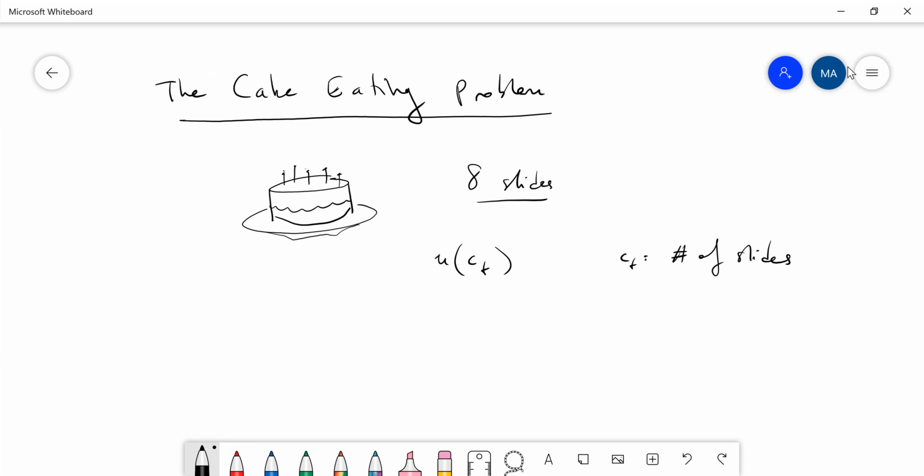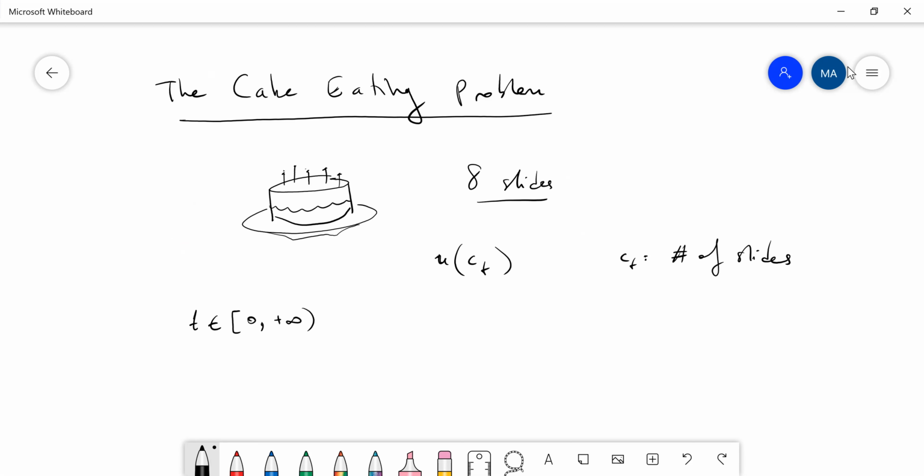Now the idea is that you just want to maximize utility, not just for today, but for some horizon, okay? Now suppose that time is continuous, all right?